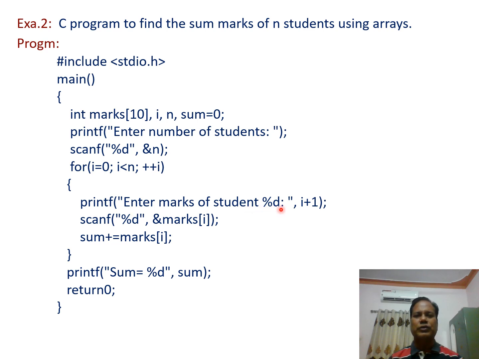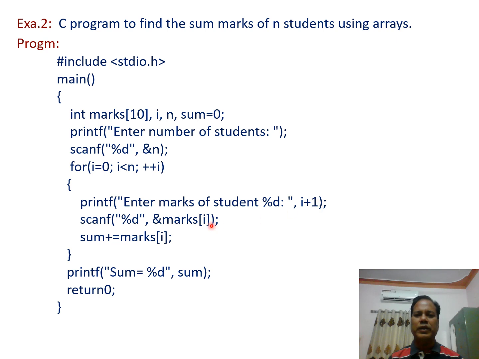Enter marks of the student 1, that is the first student. When we enter the marks, they are taken in and stored in marks[i], that is marks[0], which is the first element of the array marks.